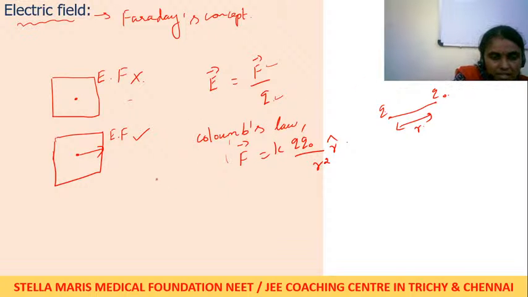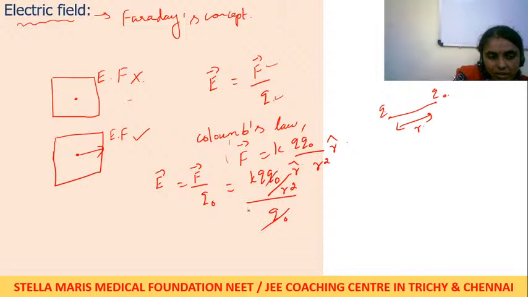E vector will be equal to F vector divided by q naught, which is equal to k q q naught divided by r squared r cap divided by q naught. The q naught and q naught will get cancelled. We get E vector equal to kq divided by r squared r cap.